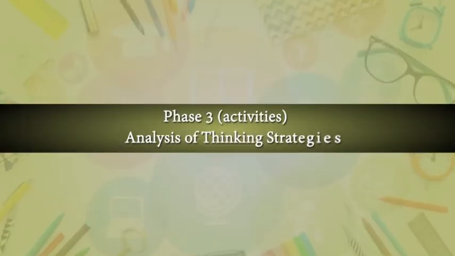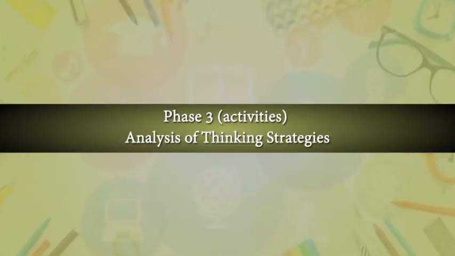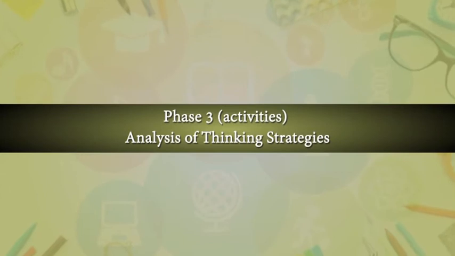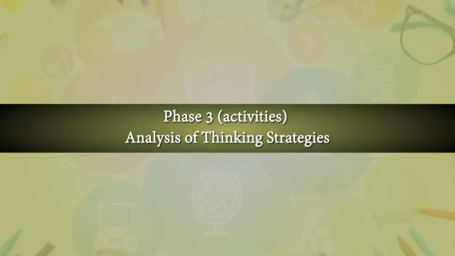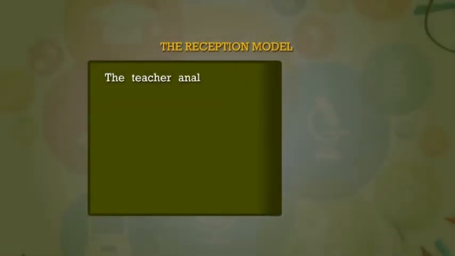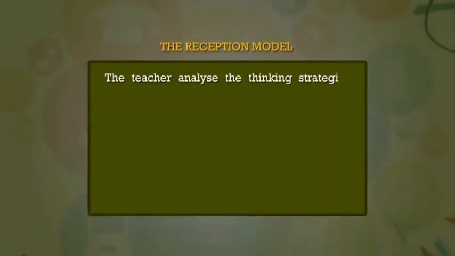Now let us come to the phase 3 activities, which is analysis of thinking strategies. For the analysis of thinking strategies in the case of the reception model, the teacher analyzes the thinking strategies employed by the students.